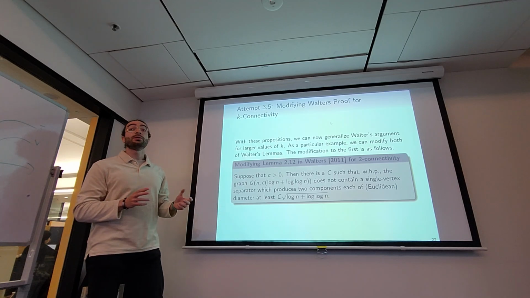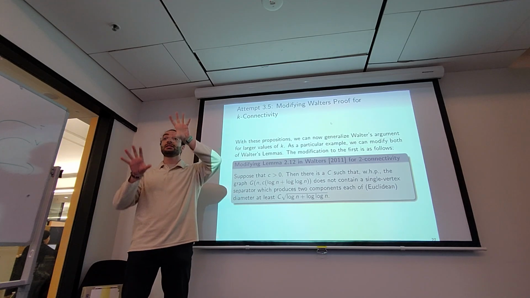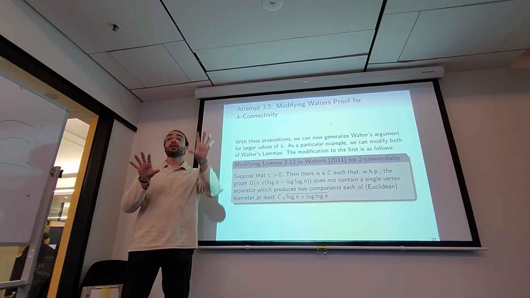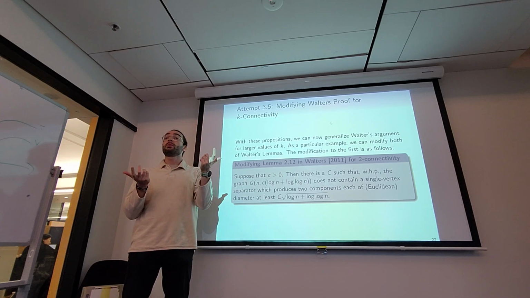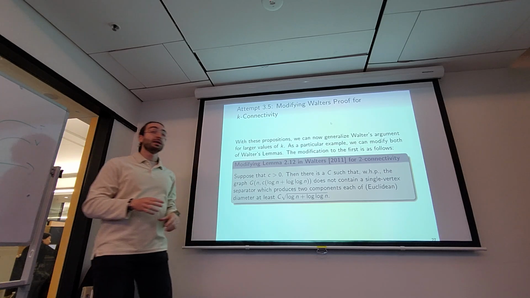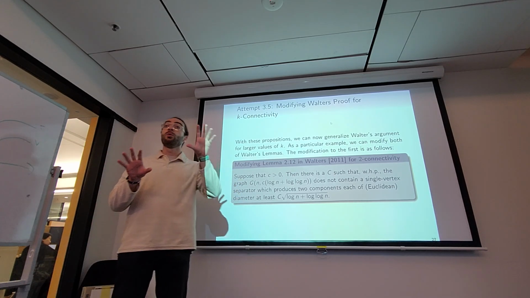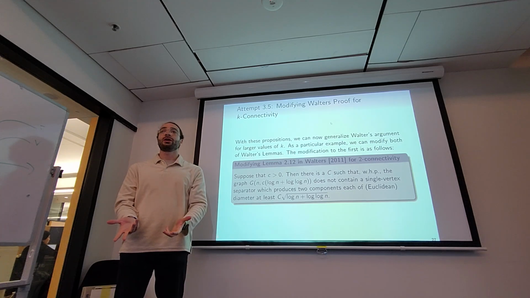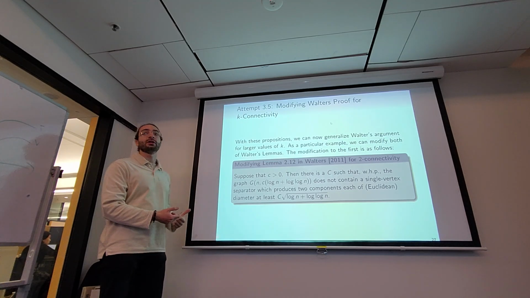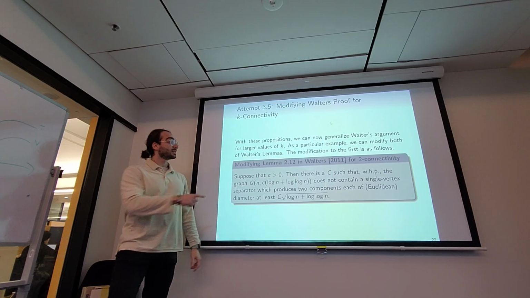Instead, the way we look at it now is, for those two components, what's the probability that exactly one vertex exists in their boundaries? Or rather, another way of saying that is, what's the probability that a one vertex separator exists between those two? Of course, the specific case of that for connectivity is, what's the probability a zero vertex separator exists? But that's not really how we worded it. So understanding it now that way helped us come up with this lemma.